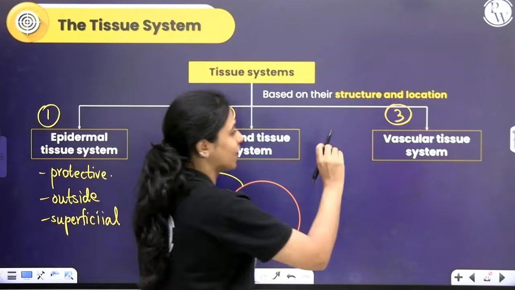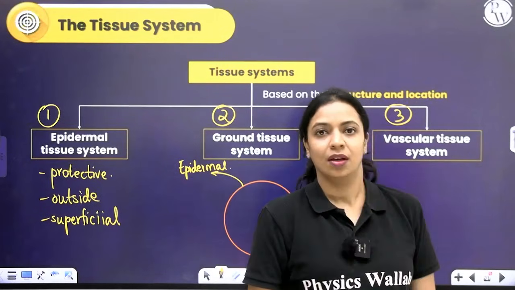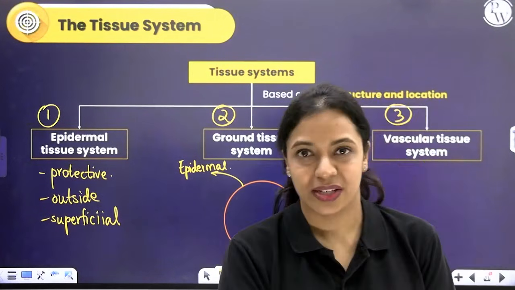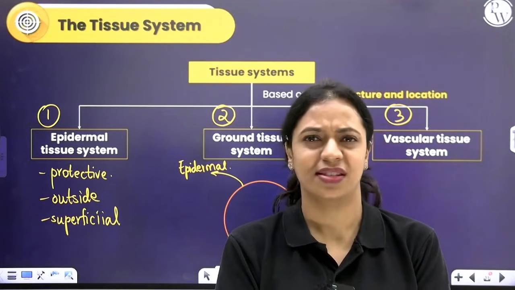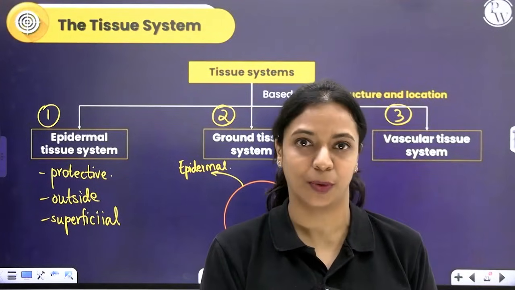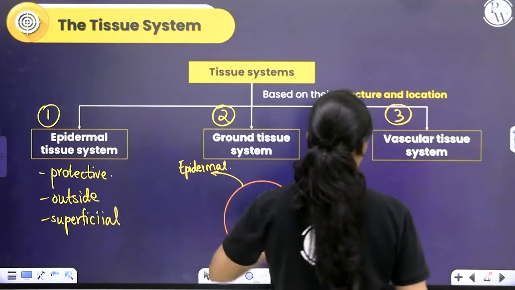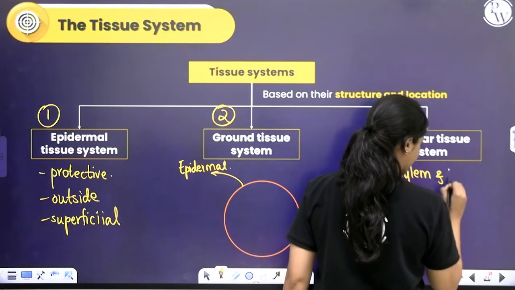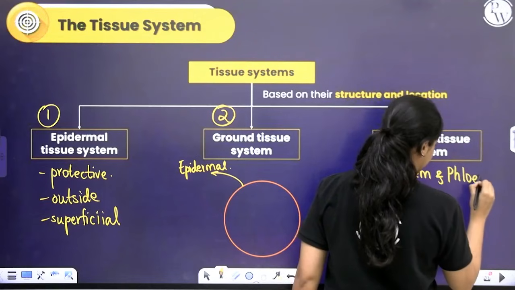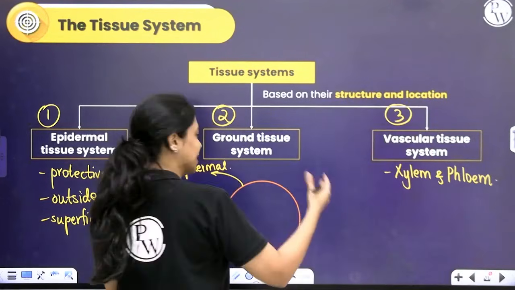Okay. What about vascular tissue system? In humans, you have blood vessels that conduct oxygen, carbon dioxide, respiratory gases, nutrients, and everything across different parts of the body. Likewise, in plants, we have xylem and phloem. They are the conducting tissues. So, they are present inside.